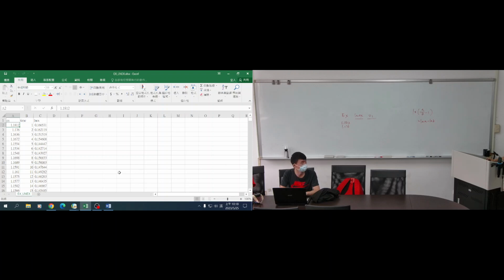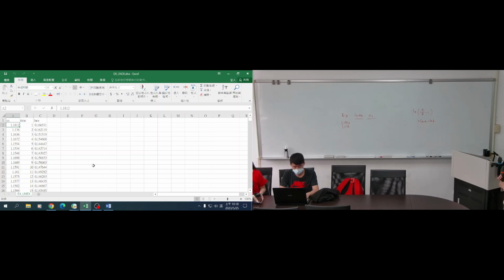So let me explain the return. How do we measure the variability of the return? Actually, return is just a variable, if we call it x. How do we measure the variability of x?